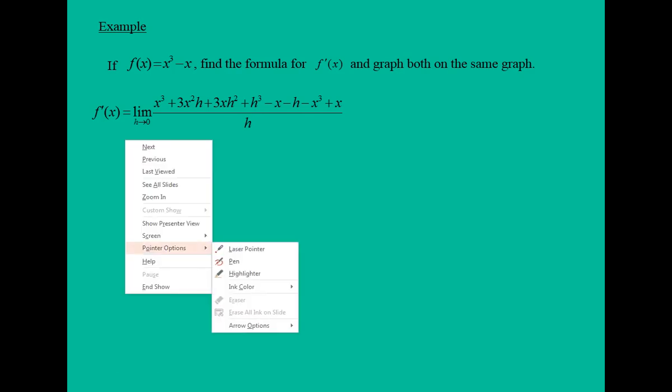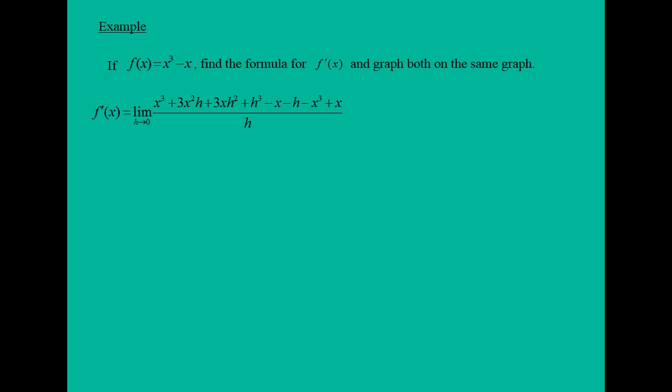Let me just write that as a reminder. F prime of x equals the limit of f of x plus h minus f of x, all divided by h. So we're plugging in x plus h for all our x's, and then we cube them.